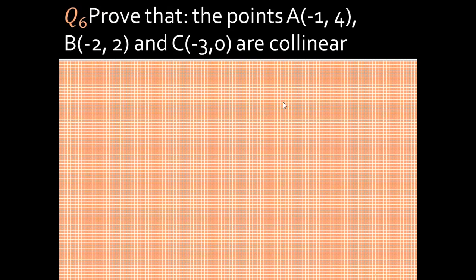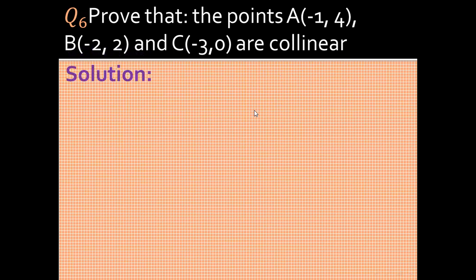Another example: prove that point A (-1, 4), point B (-2, 2) and point C (-3, 0) are collinear. What is the meaning of collinear? Collinear means the three points are located on the same straight line. We need to prove that the three points are on the same straight line.